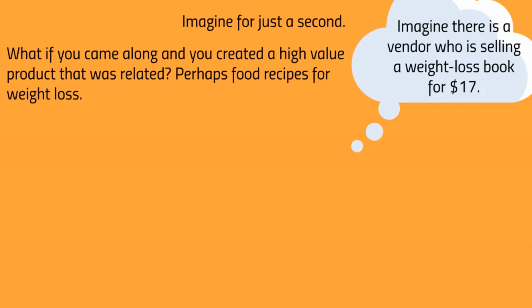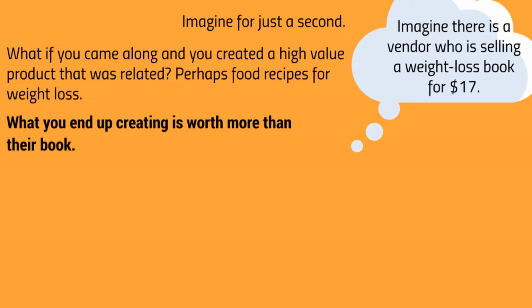Obviously, if you approach a vendor who is selling a recipe book on weight loss, they're more likely to say, oh no, definitely not. Heck no. They're not going to accept that, because it's just too close to what they're selling. In this case, because their book is about weight loss and training exercises, you can create a high value product, related indirectly, that discusses food recipes for weight loss.